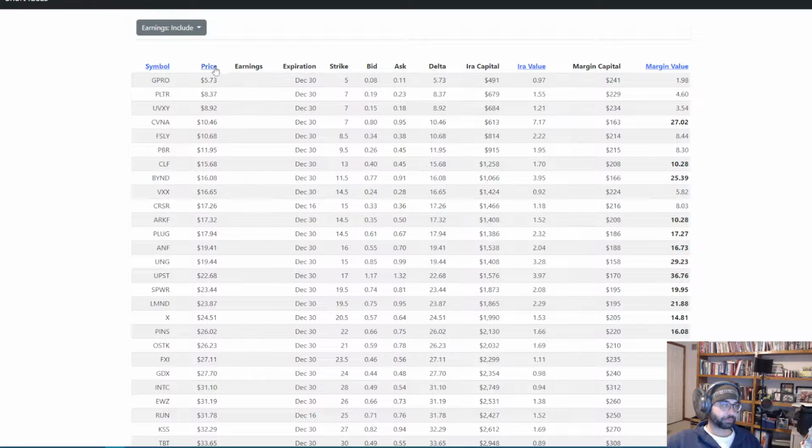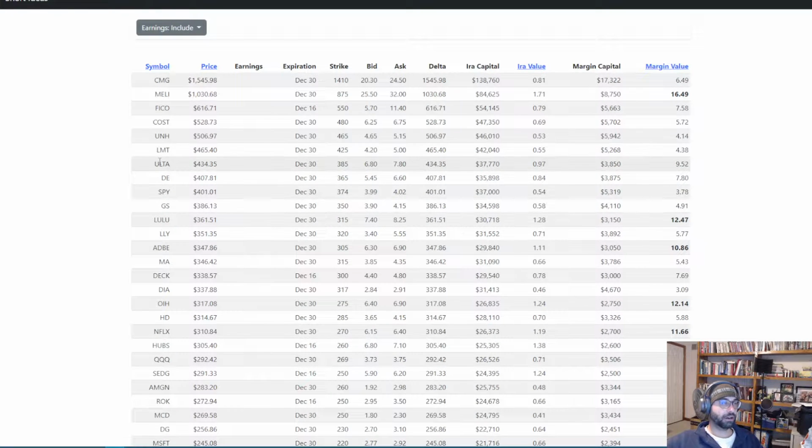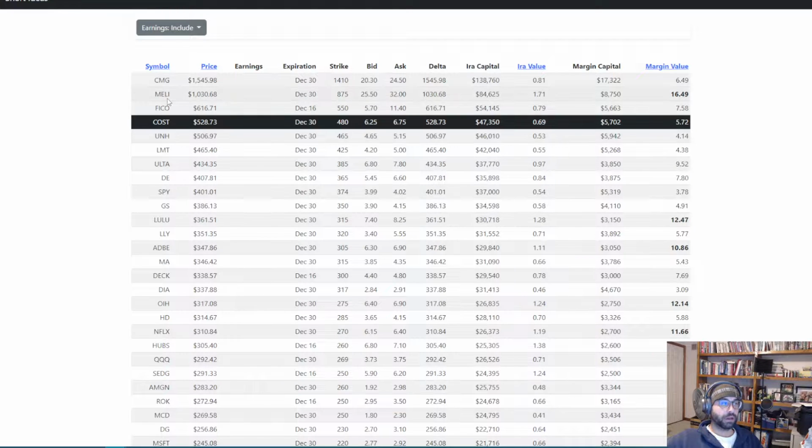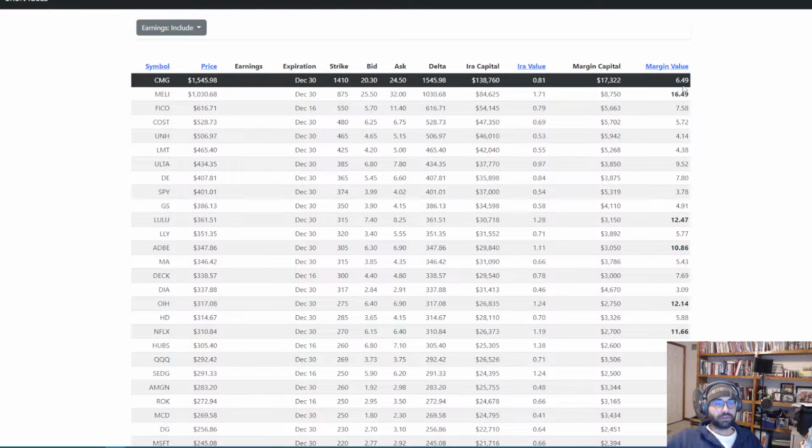So let's sort this by price here, reverse. These higher dollar ones, like MA, MasterCard, Lockheed Martin, Costco, Chipotle, all of these I would probably expect to be fairly accurate with the margin calculations.